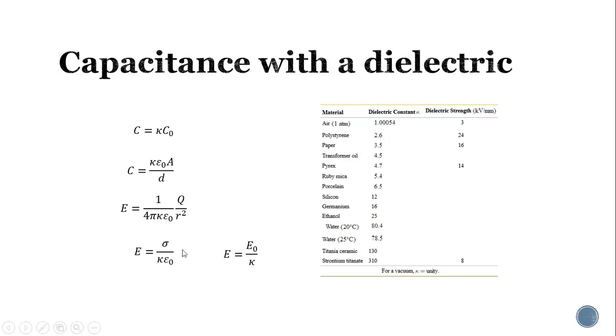And so the net electric field inside the dielectric is sigma, the charge density on the plates, over epsilon naught, remember by Gauss's law, that's the electric field caused by a plate of charge, divided by this dielectric constant. So if you put something with a dielectric constant of 3 inside of here, you cut the electric field to 1/3 and you triple the capacitance.